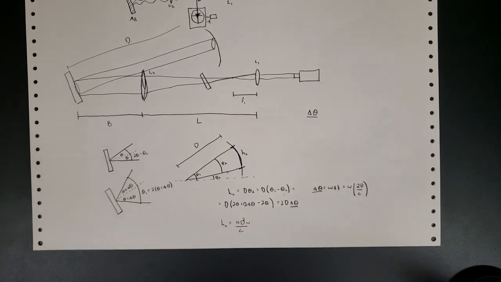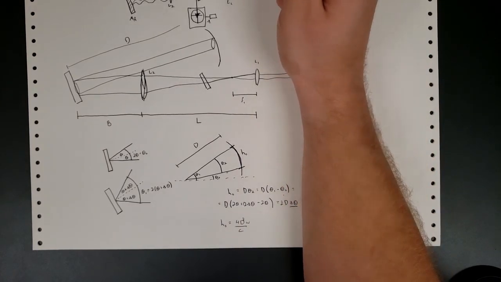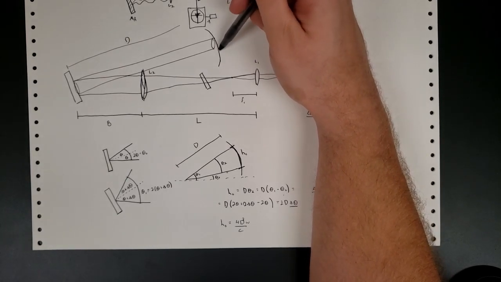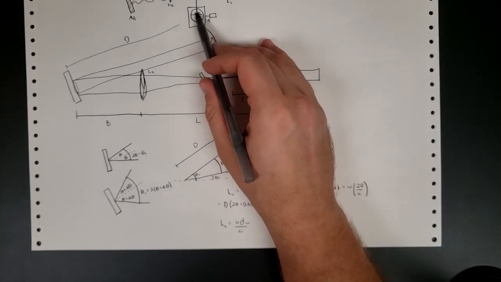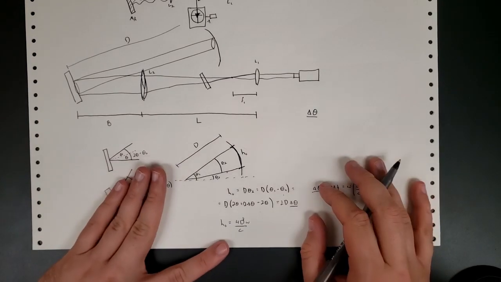Before, I told you that the object height, h naught, is related to our image height that we'll be able to view on our viewing screen, and they're related by a magnification equation.